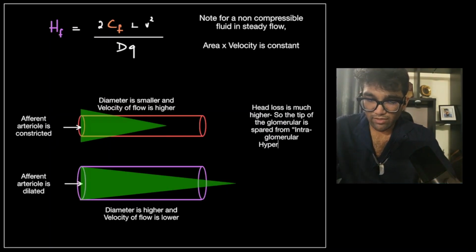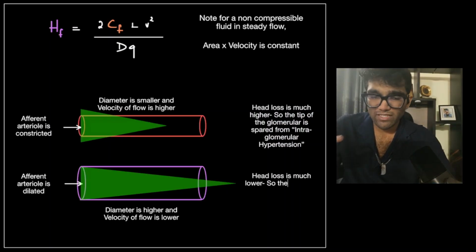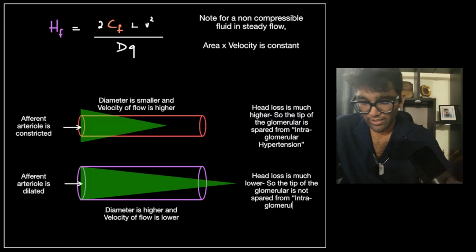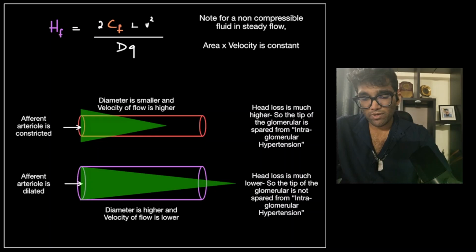So here the head loss is much higher, and therefore the tip of the glomerulus is spared from intraglomerular hypertension. Head loss is the pressure loss that happens. That is why we call it HF. Head loss is much lower in case of the dilated afferent arteriole, so the tip of the glomerulus is not spared from intraglomerular hypertension.